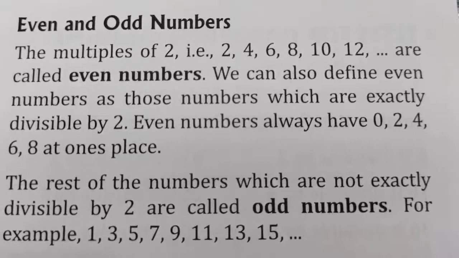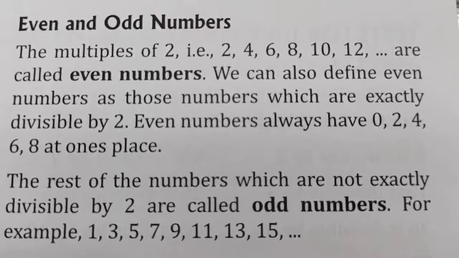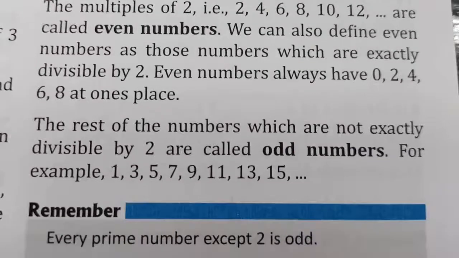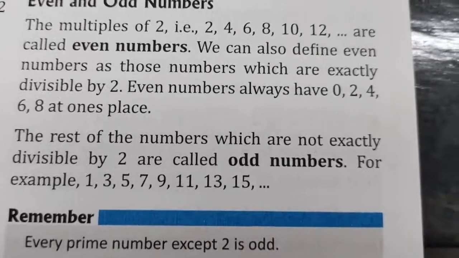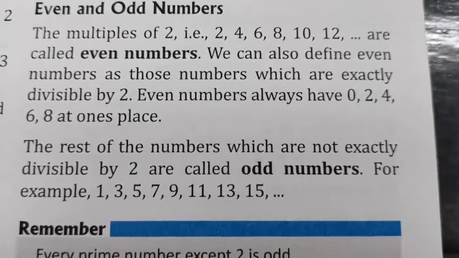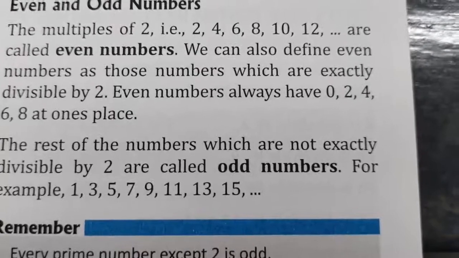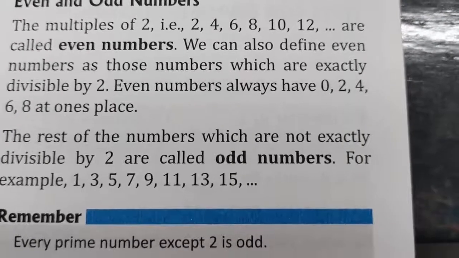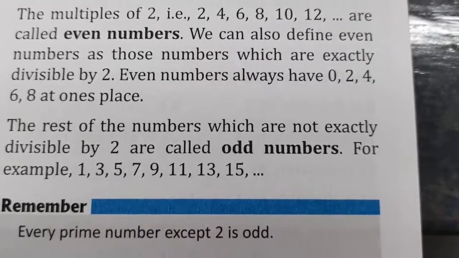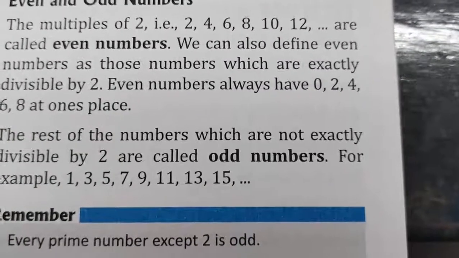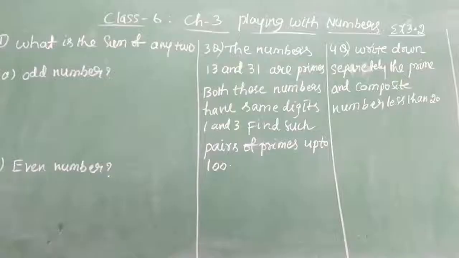Even numbers leave the remainder 0. And we need to remember one important note: every prime number except 2 is odd.